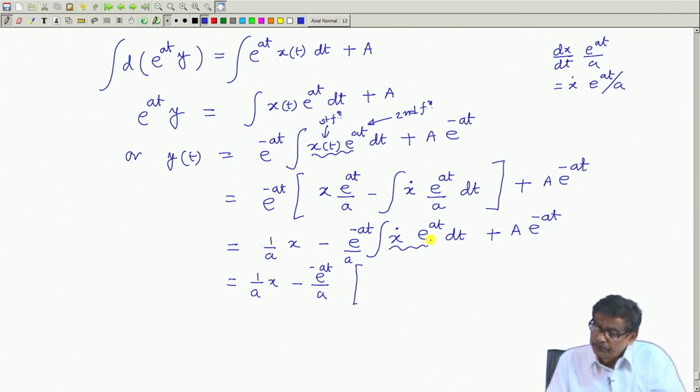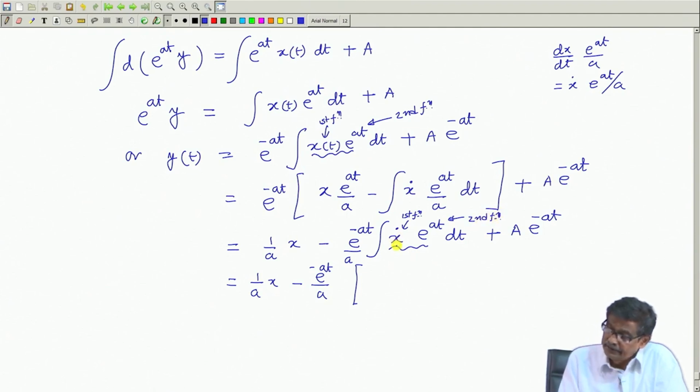So, I will apply once again the product rule of integration and expand this term and see what I get. For example, I will say this is now my first function and this is the second function.